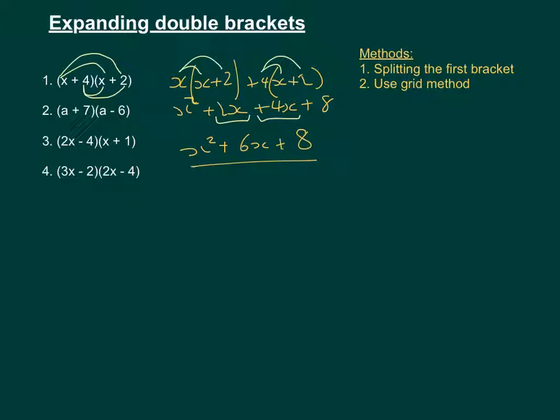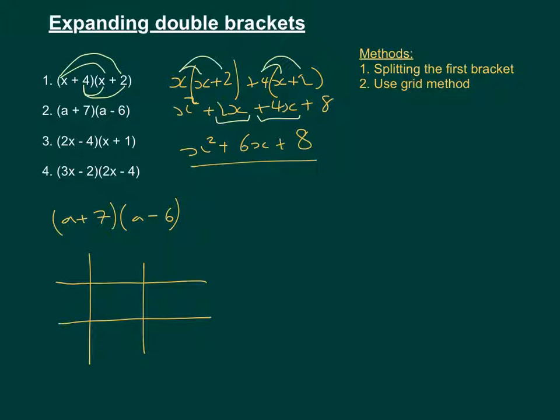Let's move on to the second one. So that's a plus 7 times a minus 6. And this time I'm going to use the grid method. Start off by drawing a multiplication grid, and you just need to put each term into the grid.